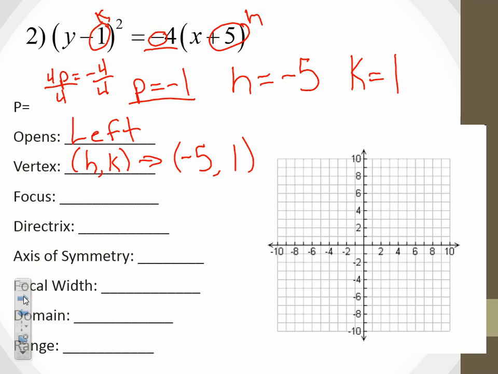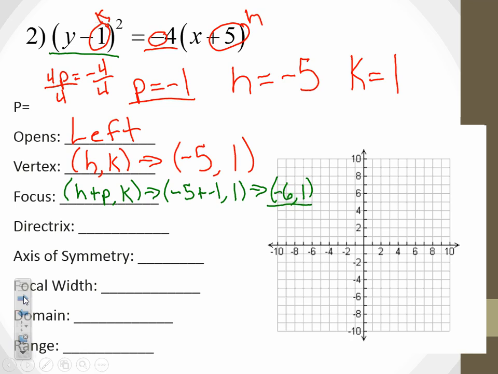Our focus point on this one, since we're working with the y squared, it's going to be h plus p and k. So our h is negative 5 plus negative 1 and k. So negative 5 plus negative 1, we get negative 6, 1. That's going to be our focus point.